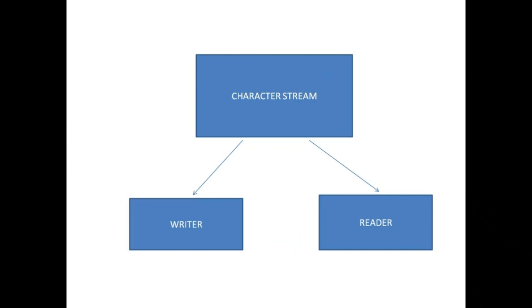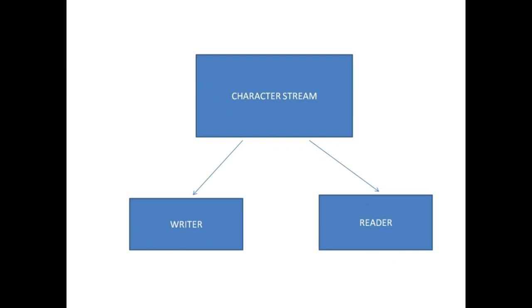Like the byte stream, we have a character stream which deals only with data in the form of characters. If you have inputted some data in the form of, let's say, integer or float, a few of the classes in this character stream have methods which first convert that data into characters, and only then allow you to either input or output the data.